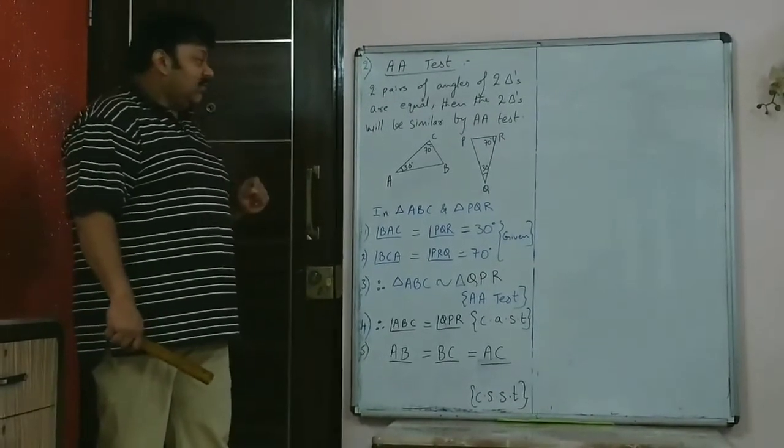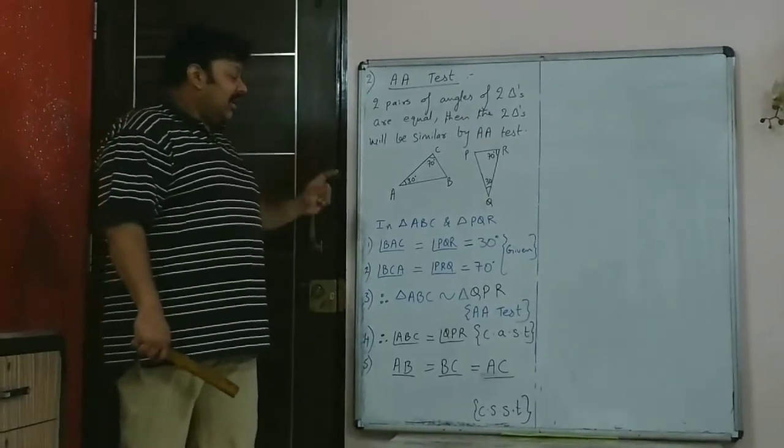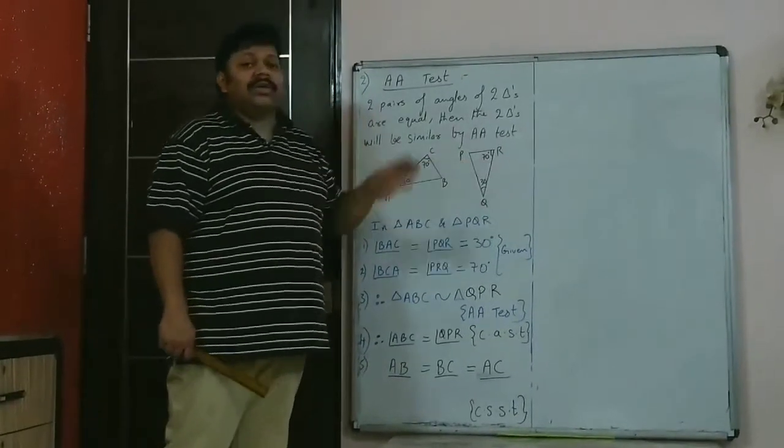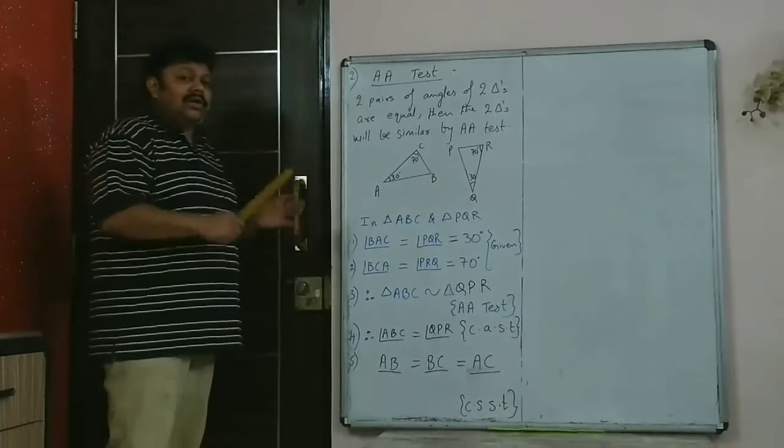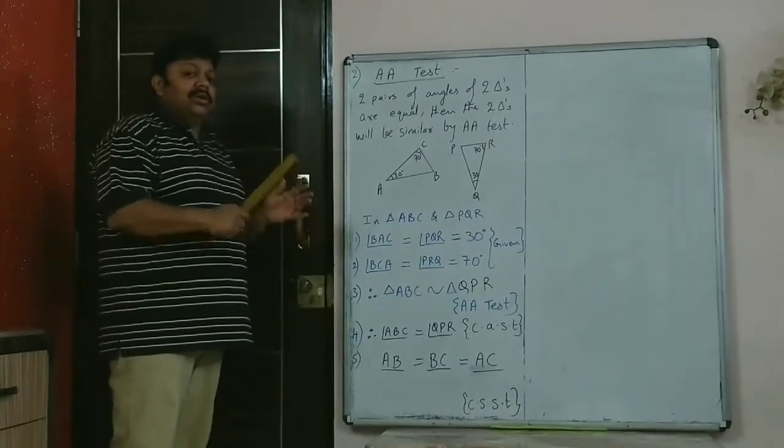Why you have to be careful? See, it is not triangle ABC similar to triangle PQR. You're not going to write it alphabetically, but you have to write it as per the correct one-to-one correspondence.